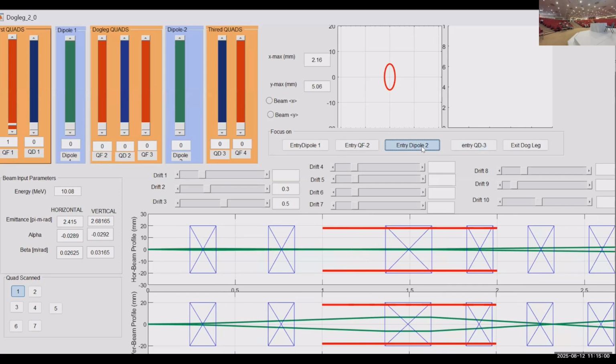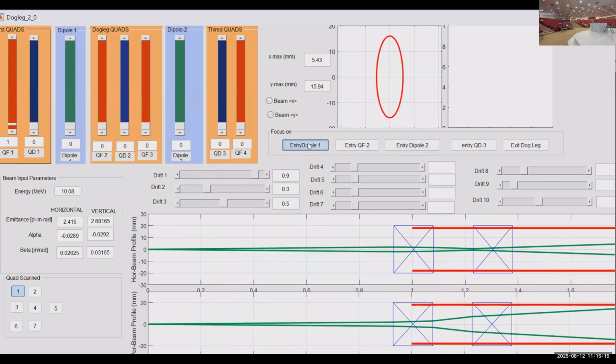So if you change the sliders here, for example, I change the first drift space, which is here. I take it to 1 meter, maybe. Sorry, my laptop is not very fast. So the drift has changed, and the beam has also changed at the end. So you have to play with every bit of your machine in order to gain access to the target.